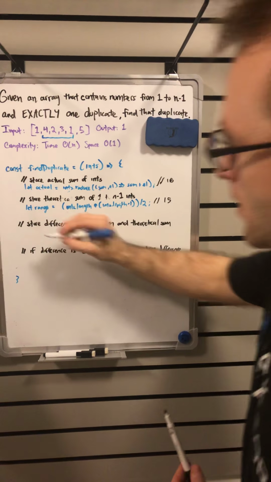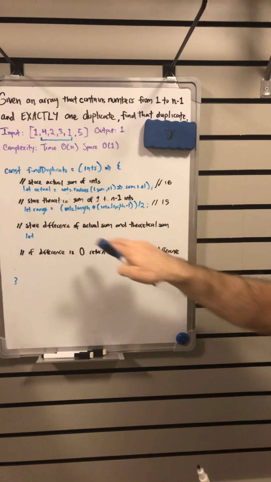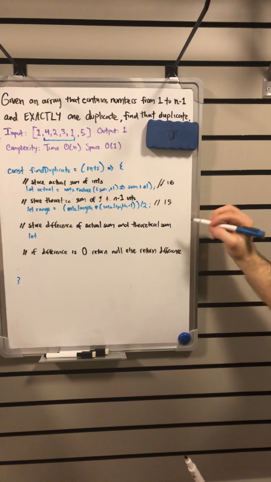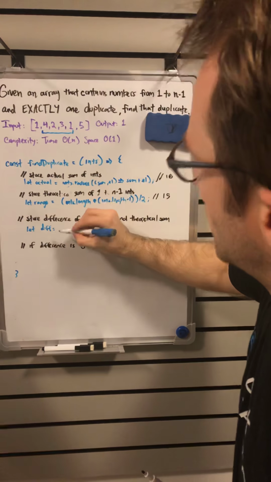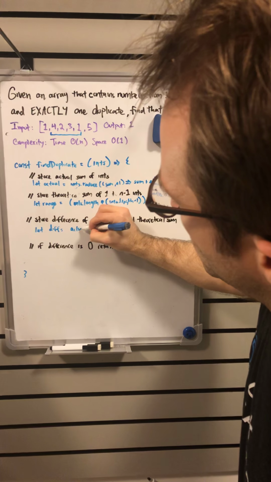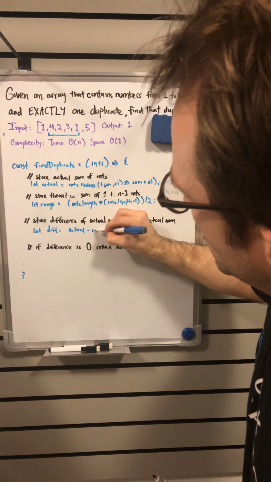Okay? Now we're going to store the difference of 16 minus 15 in a variable called diff. And we're going to say actual subtracted by the range.